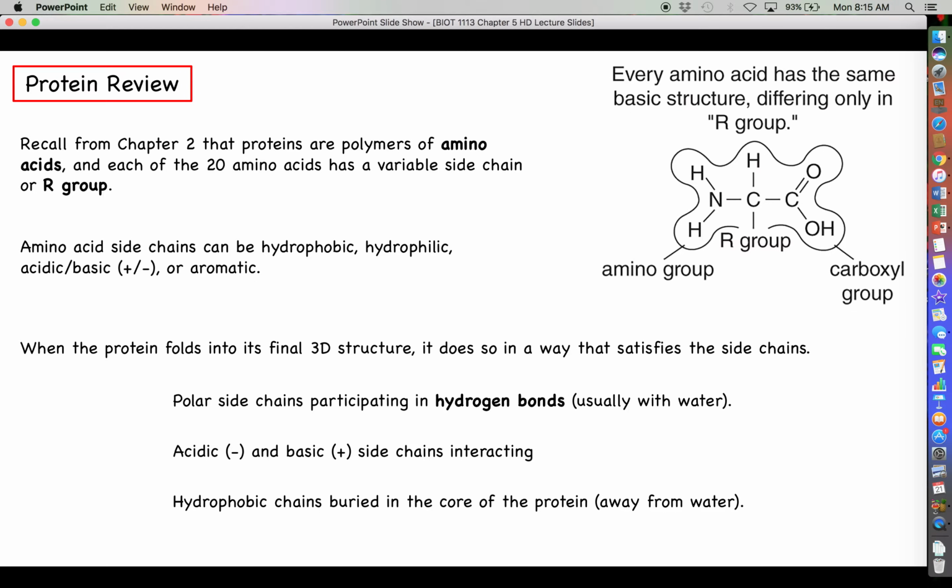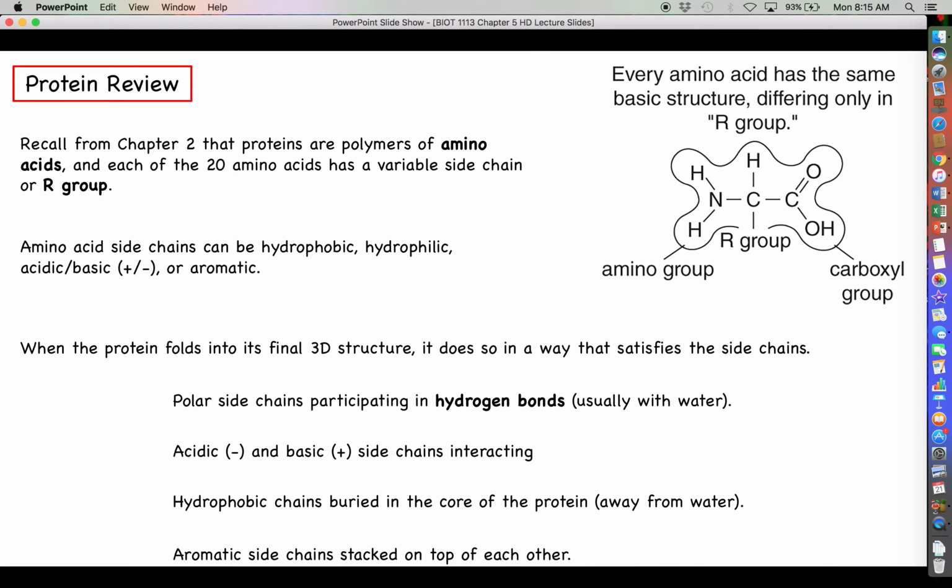Those hydrophobic side chains that don't like water, well, we're going to try to satisfy them by burying them in the core of the protein so that they don't have to see or interact with the water that surrounds the protein. And then the aromatic side chains, without getting into too much detail, they like to kind of stack on top of each other like Pringles. So for some reason, that just seems to make them happy.